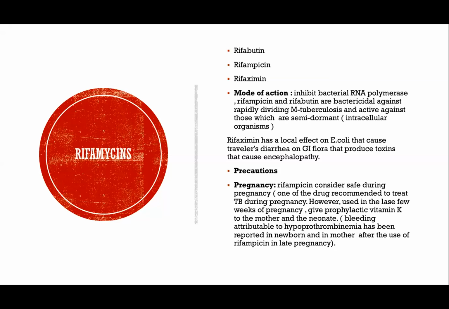So rifampicin is considered safe during pregnancy, but we have to be cautious during the third trimester. We have to give vitamin K with the rifampicin to reduce the risk of bleeding.